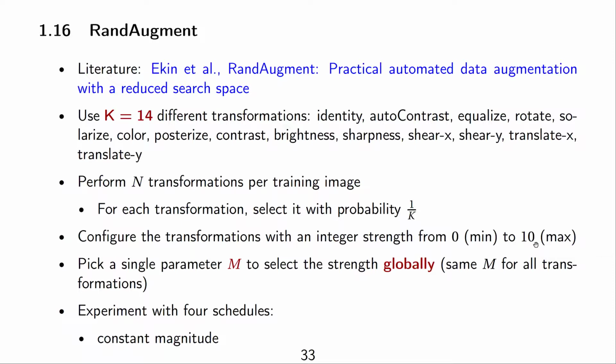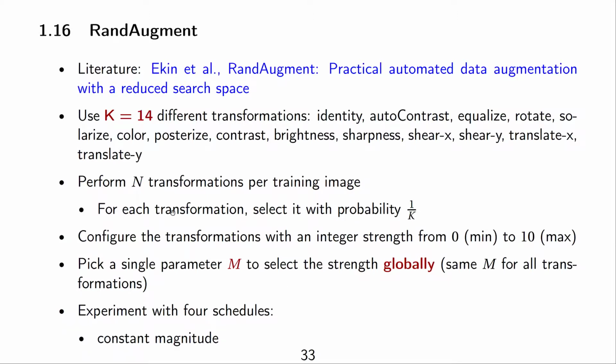So a 10 rotation should be somewhat comparable in how strong it is to a 10 translation, whatever that means. And this is something that requires human intelligence that needs to be done well in order for this method to work.